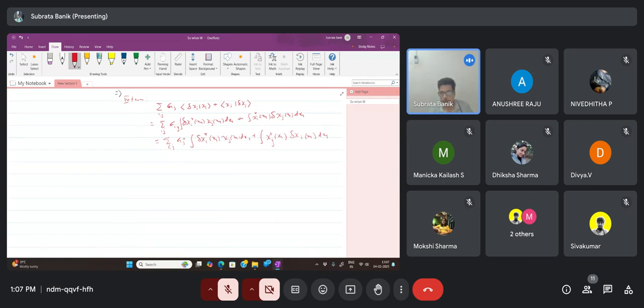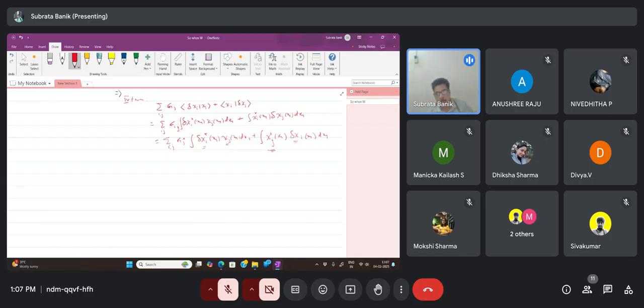Now look at this. Here chi i star, here delta chi i star, here delta chi is without star. Here chi j is without star, here chi j is with star. So this is basically the complex conjugate of this. If you take the complex conjugate of this, the conjugate becomes without conjugate, I get delta chi i, which is this.